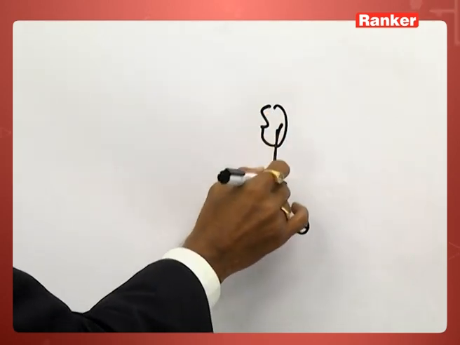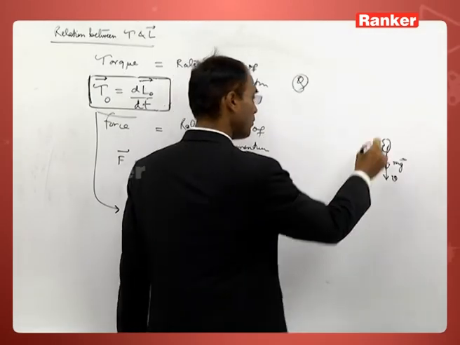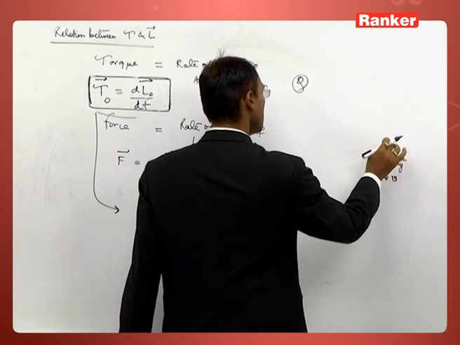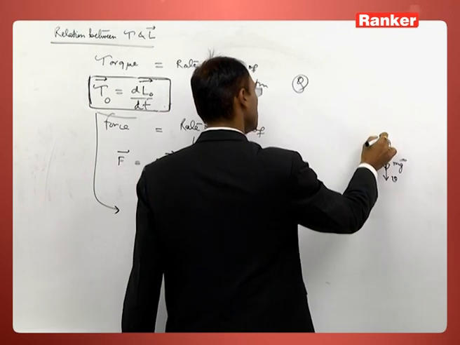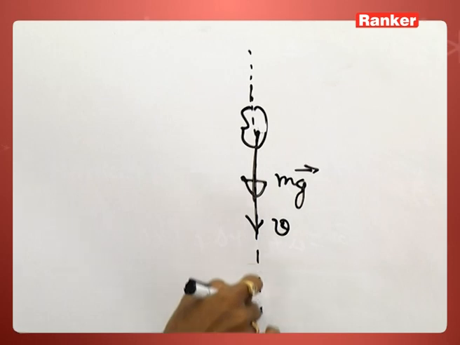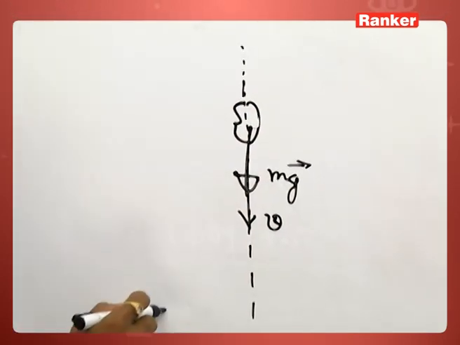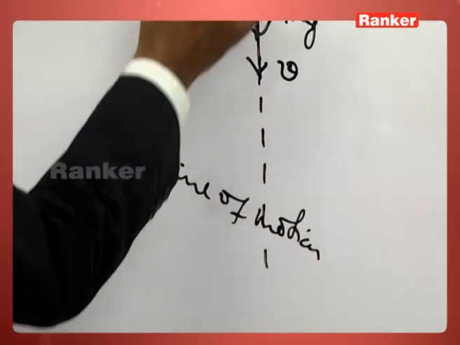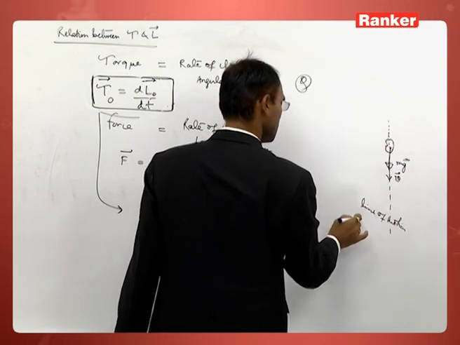At the same time it experiences a downward pull of earth. When you release it from rest, it falls freely, vertically down. So the line of motion and line of action both are same. Line of motion is given by the velocity and line of action is given by the force.